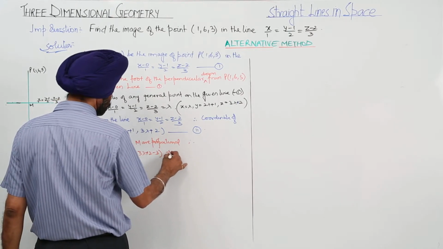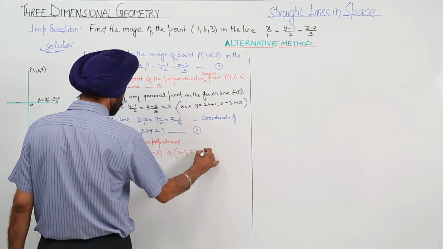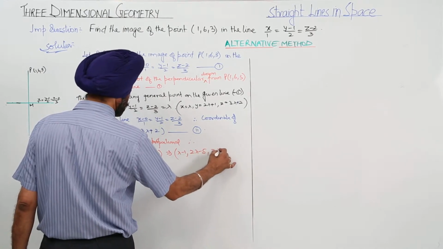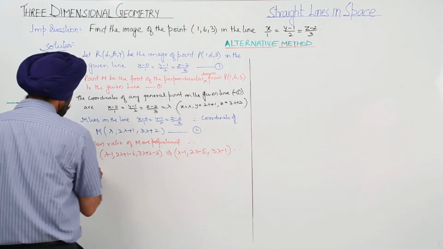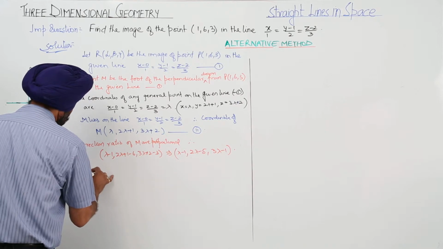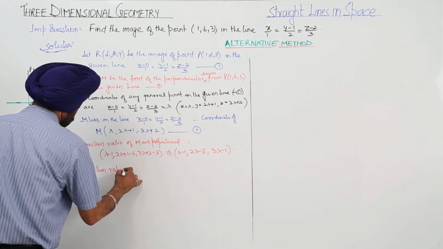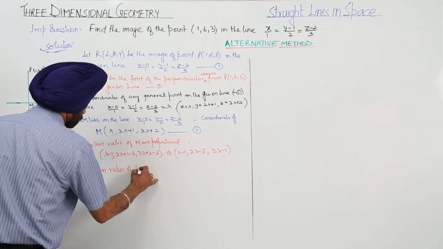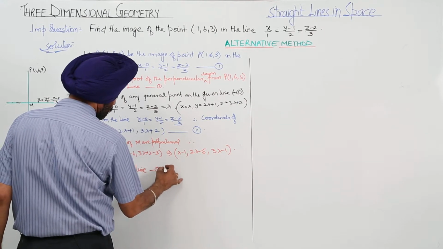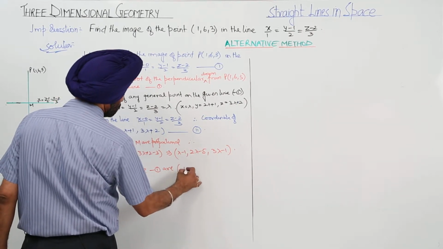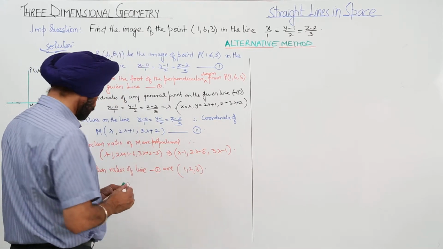This implies lambda minus 1, 2 lambda minus 5 and 3 lambda minus 1. Now the direction ratios of line 1 are 1, 2 and 3.